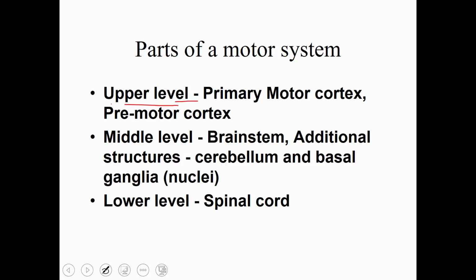Now, the middle center of control is the brainstem and some other structures, the cerebellum, the basal nuclei, which, well, actually when I was in school we called them the basal ganglia. It really makes more sense to call them the basal nuclei because it's gray matter in the central nervous system.